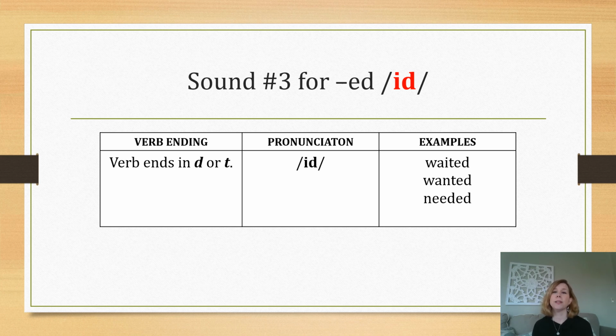And if you notice, when you add this to the end of a verb, you're actually also adding a syllable. So if I look at wait, wait is one syllable, but when I add ed, it becomes waited. It becomes two syllables. Waited. I always clap in class to think about the syllables. Want, wanted. Two syllables. Need, needed.